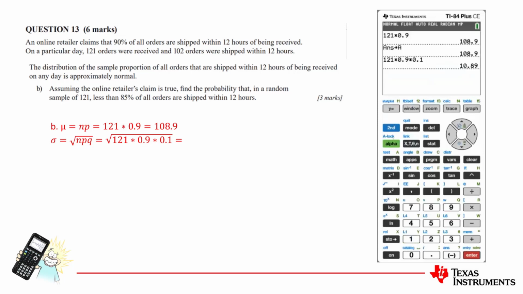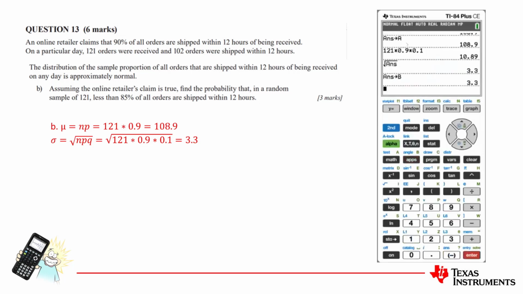So we then need to take the square root to find our standard deviation. We get 3.3, and I'm going to store that under B. So I've got my mean stored under A, my standard deviation stored under B. Again, just in case you don't know, to store, you use the STO arrow, and then you use the alpha key to select any letter that you like featured in green.